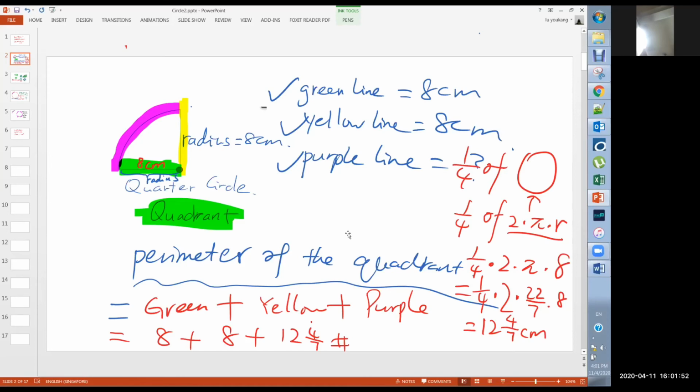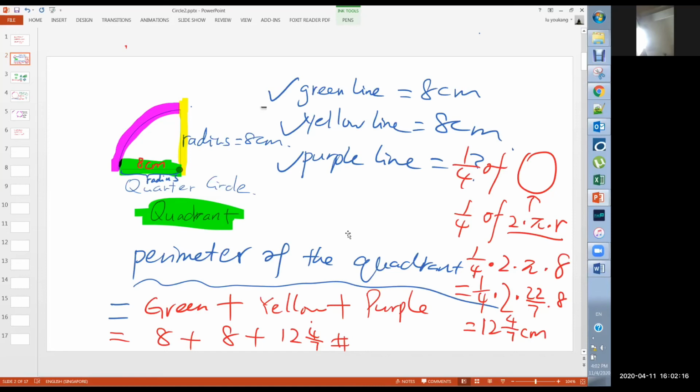Repeat the entire sentence. The quadrant purple line is always 1/4 of the circle.